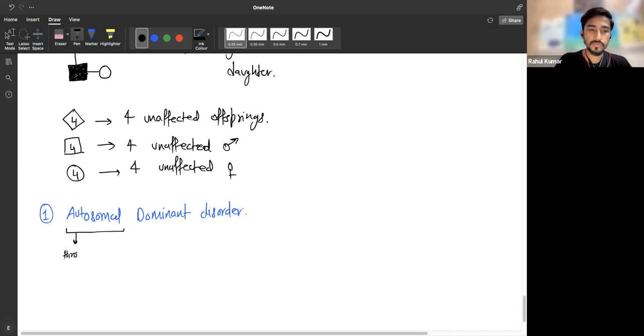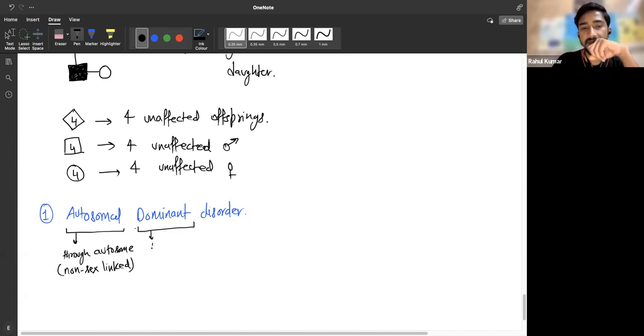Through autosomes, or the gene is present in an autosome, which means it is non-sex. So it is not linked to any sex chromosome, correct? And what does the word dominant tell you?